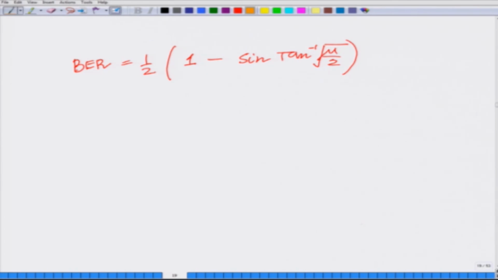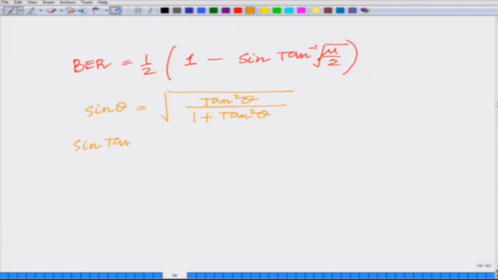Now, we are going to use a trigonometric identity, that is sine of theta equals square root of tan square of theta divided by 1 plus tan square of theta.